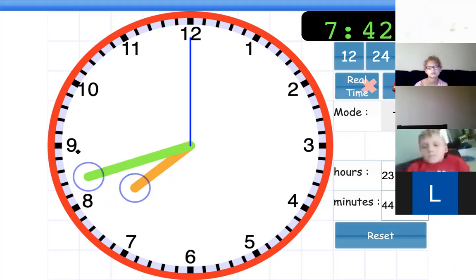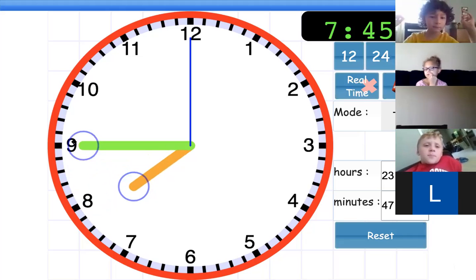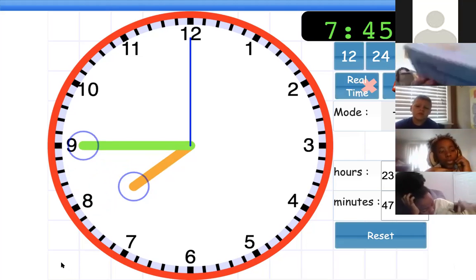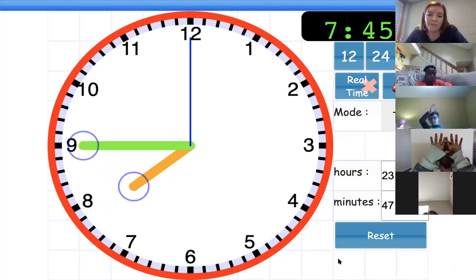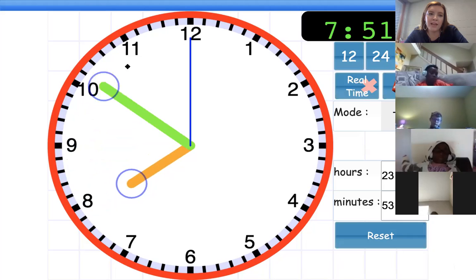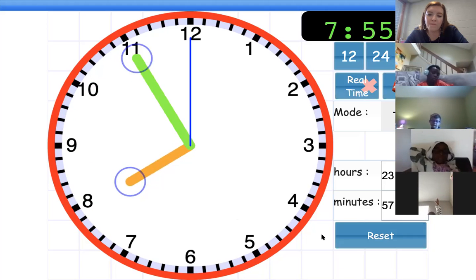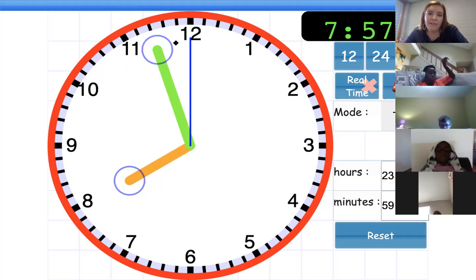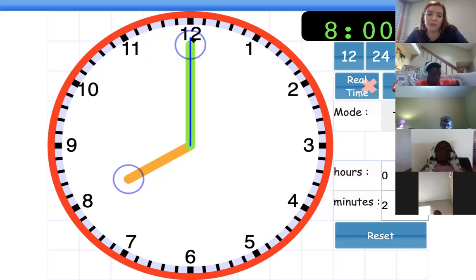The 9 represents? Go ahead, Gabe. 45. Niley, what does the 10 represent? 50. And the 11? Kamaya? 55. And then we said this is 60 or 0.